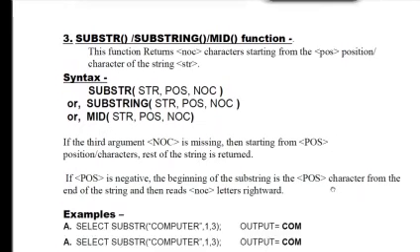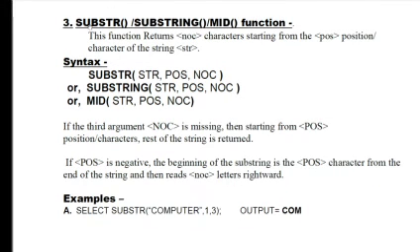Now the next function is the SUBSTR function. It is also called SUBSTRING or MID function. All are the same. This function returns a number of characters, like 4, 5, 6, starting from the given position of the given string.